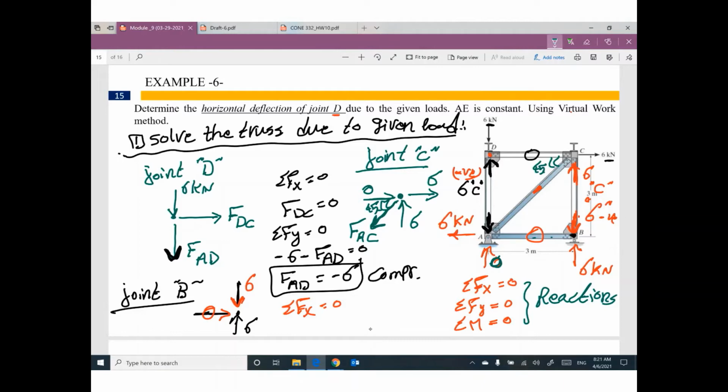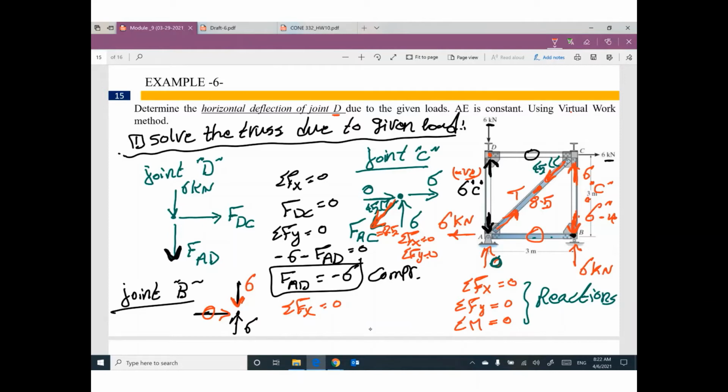If you apply summation Fx or summation Fy equals 0, I believe I can figure out the value of FAC. It will be 8.5, tension.